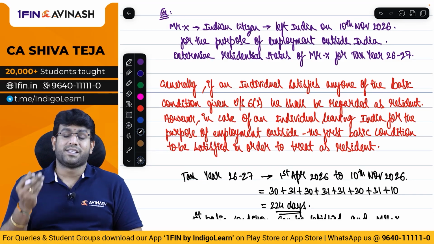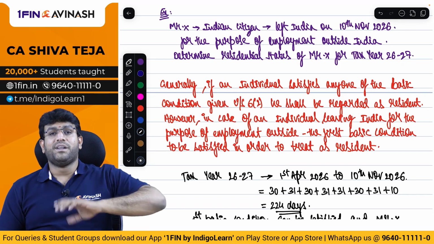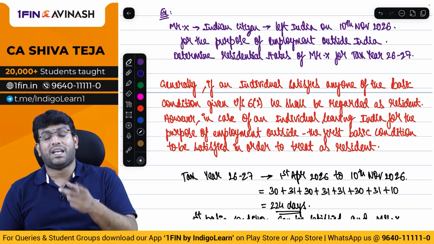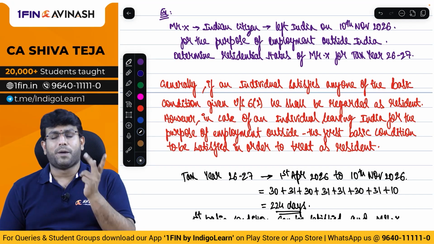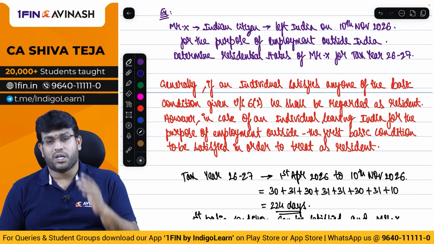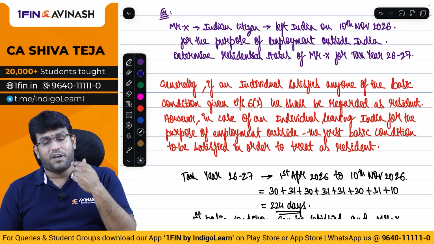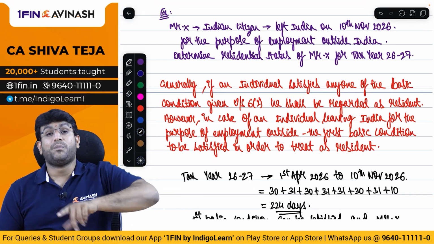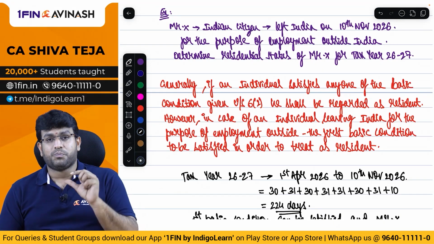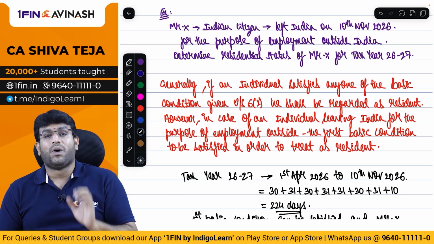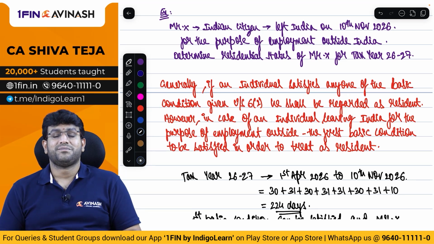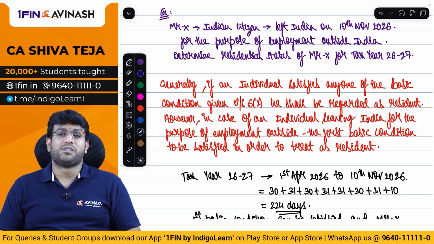And in the third special case, one more point to be noted is that we will check whether total income is not more than 15 lakhs or more than 15 lakhs. If it is not more than 15 lakhs, only first basic condition. If it is more than 15 lakhs, then we have first basic condition or second basic condition also with a small change. That small change is 60 days has become 120 days. So that is the interesting concept to be noted.